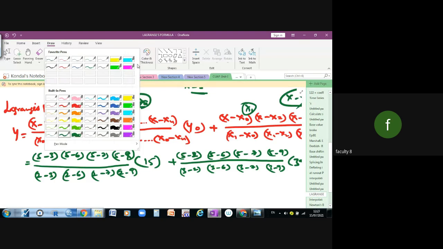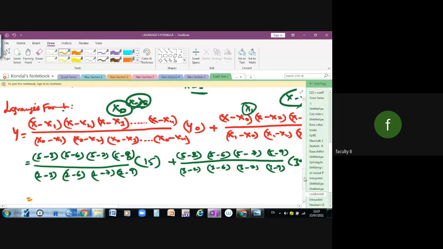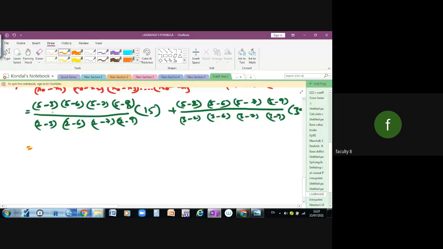Next one is equal to 5 minus 3, which will be plus 2, into 1. 5 minus 6 is minus 1. 5 minus 7 is minus 2, and 5 minus 9 is minus 4, divided by 2, minus 3, minus 1, minus 4, into 15 plus.